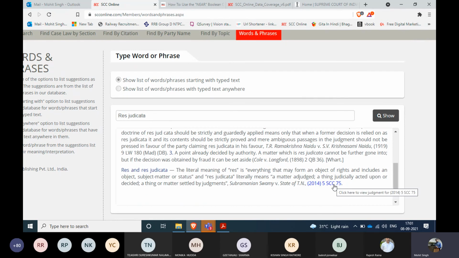Also, if there is any definition of this word in any statute, then we include that information as well. So words and phrases gives you the meaning of a word coming from three sources. First, any judge who has defined it. Second, Walton Dictionary. And thirdly, any statute that has defined that word.